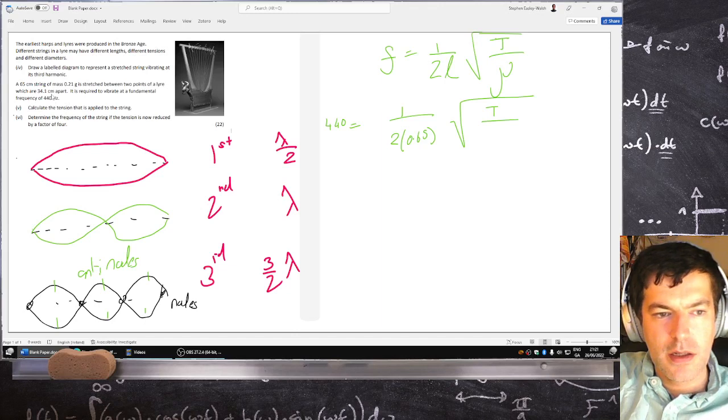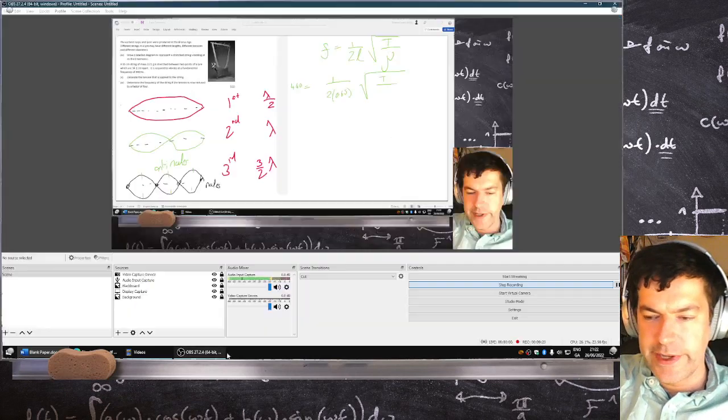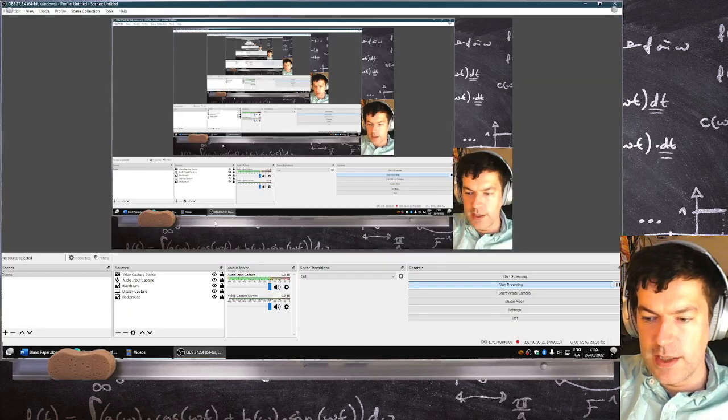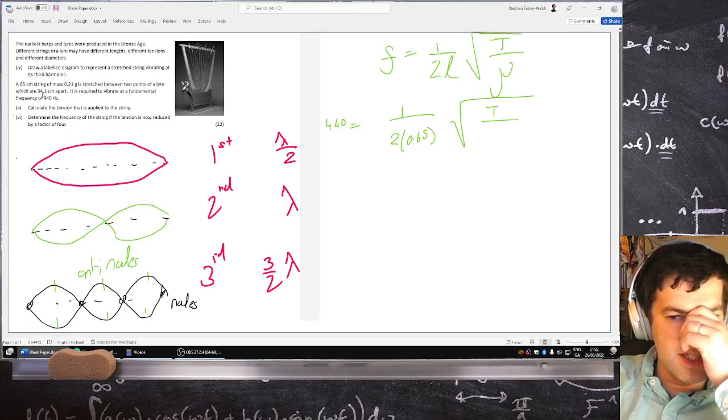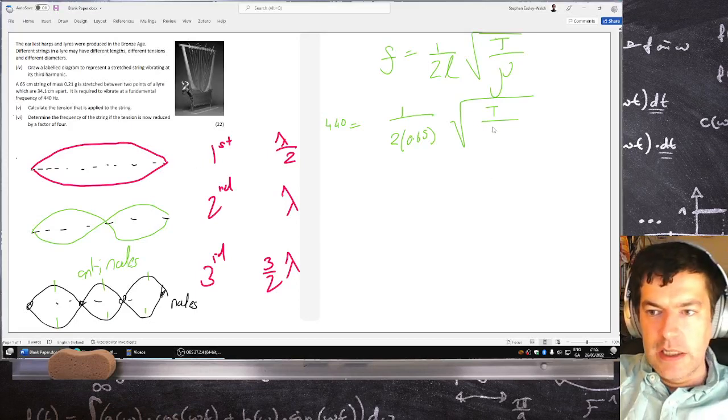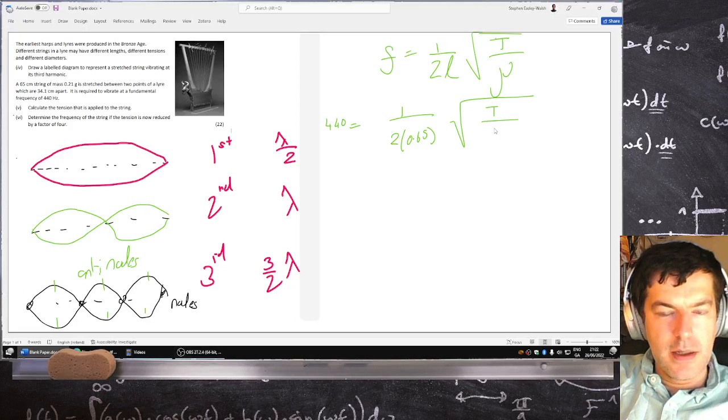Okay. Oh, wait, is the L the length of the string? I'm not sure if that 34.1 is needed or if it's a bit of a distraction. And then the mu is the mass per unit length of the string.